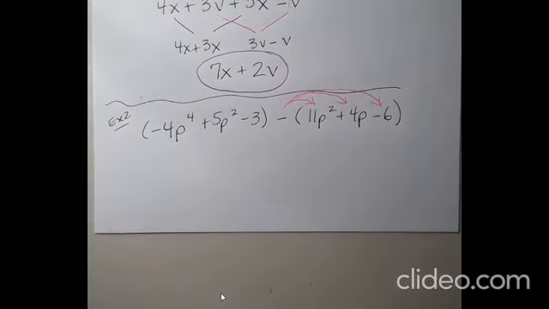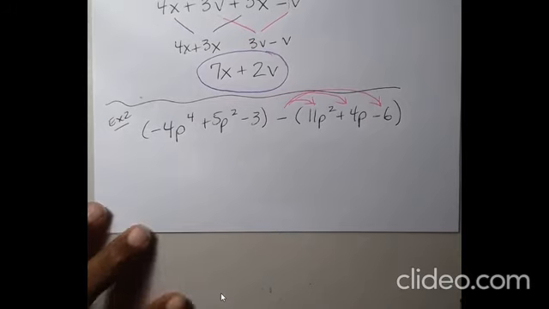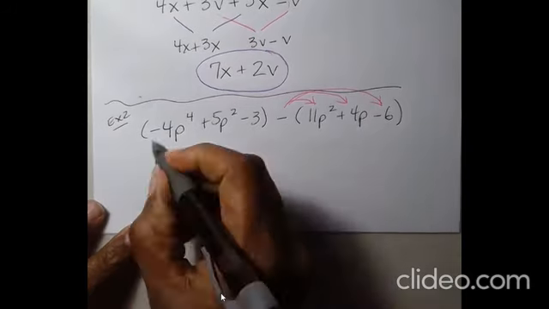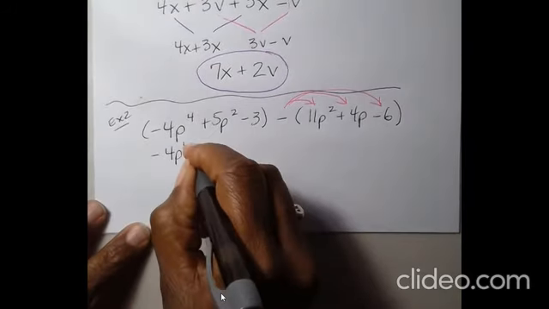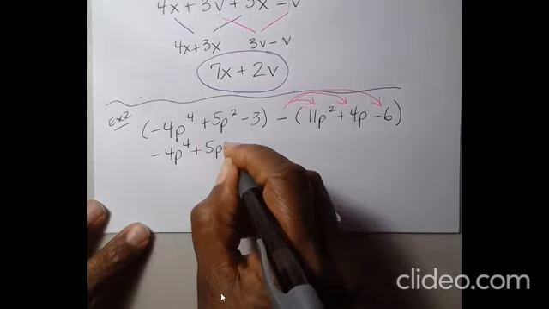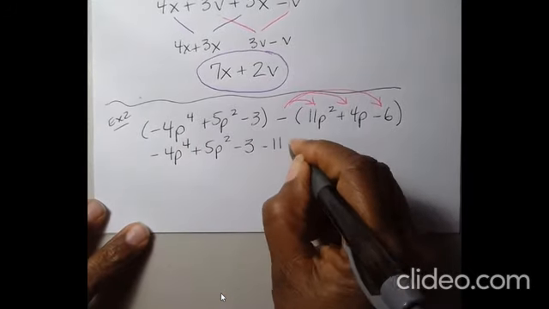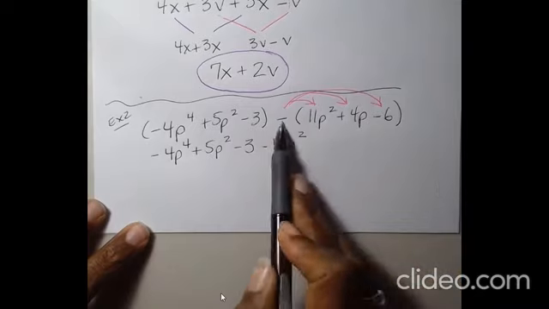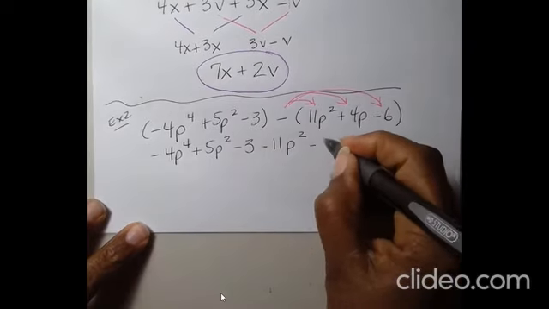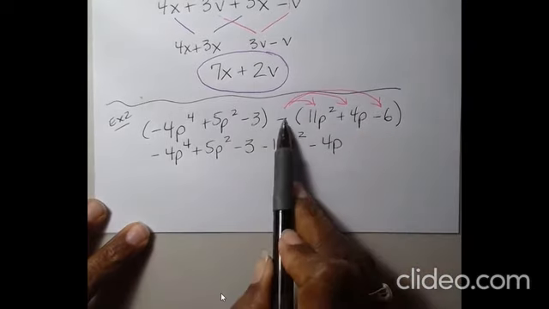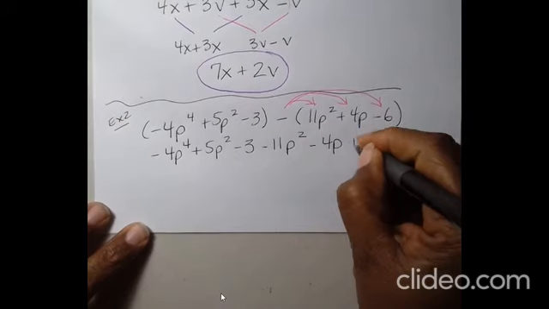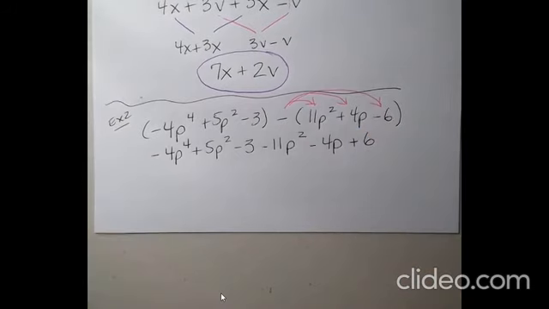Before we start combining things, we must make sure that we've cleared the parentheses. Nothing's happening in the front here, so we can just rewrite the first parenthesis without the parentheses. Negative times 11p squared is negative 11p squared. Negative times 4p is negative 4p. And negative times negative 6 is a positive 6.